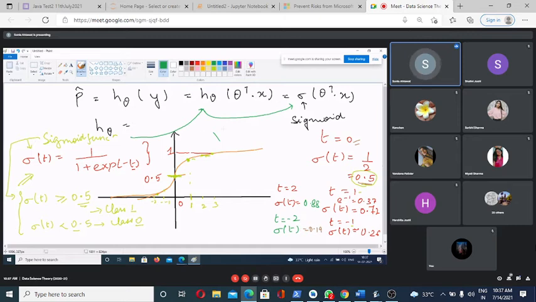So what exactly is it doing? It is actually calculating this first, and after this it is providing the probability. After this it is substituting some function on this, which is basically a sigmoidal function, which will give you only two classes. Either it belongs to class 1 or it belongs to class 0.